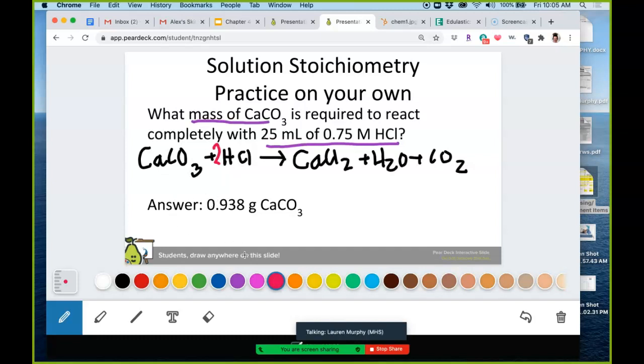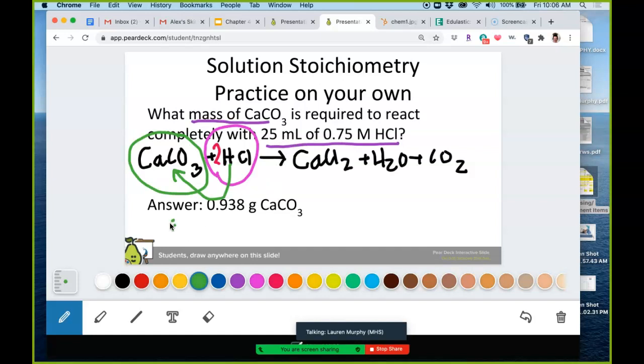Now, they gave you information about hydrochloric acid, but they asked you about calcium carbonate, meaning I'm going to have to jump from here to here using mole ratios. So I take my molarity and my volume and I get moles.